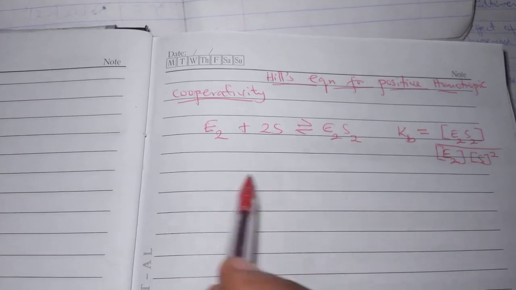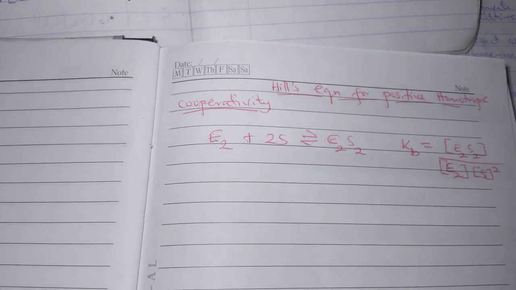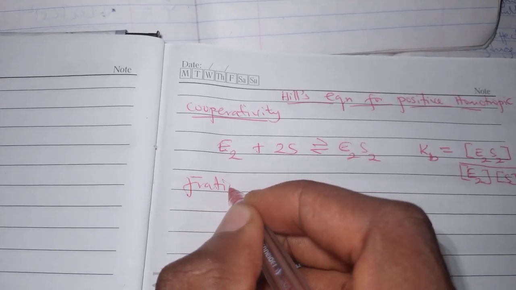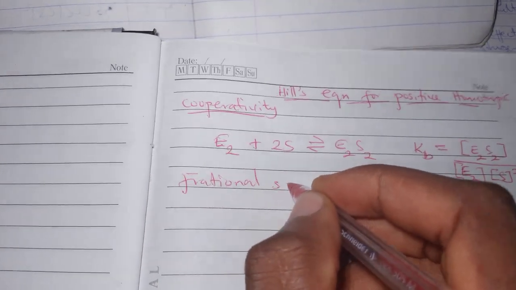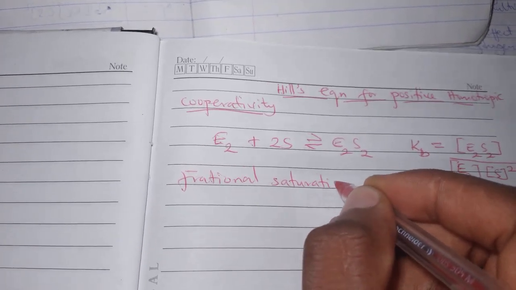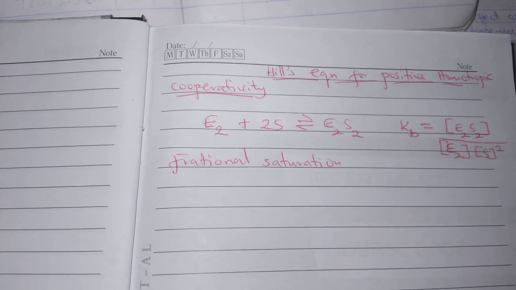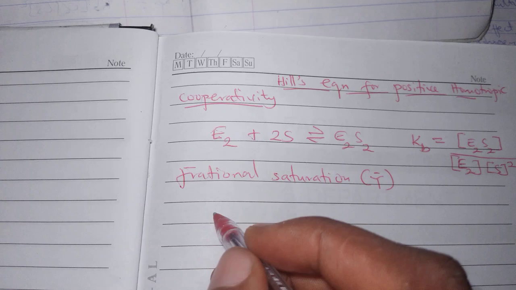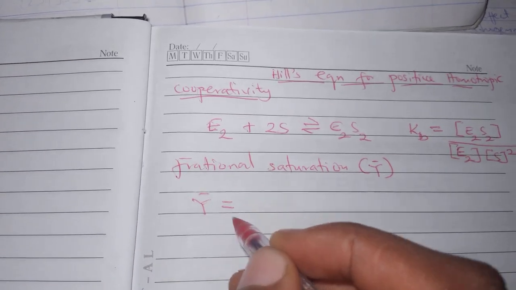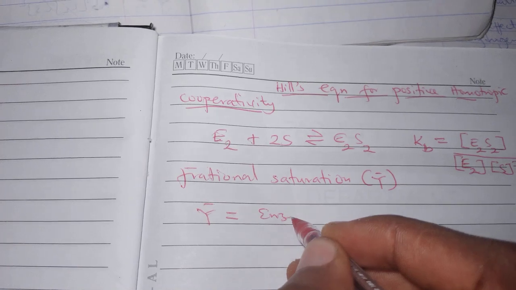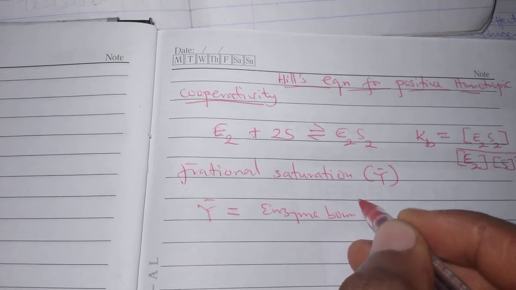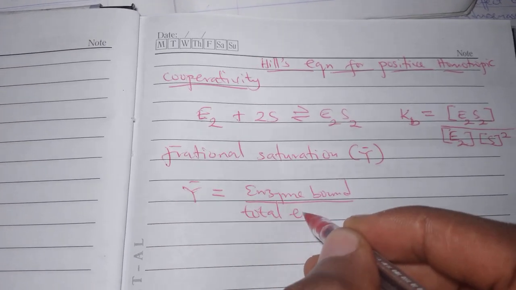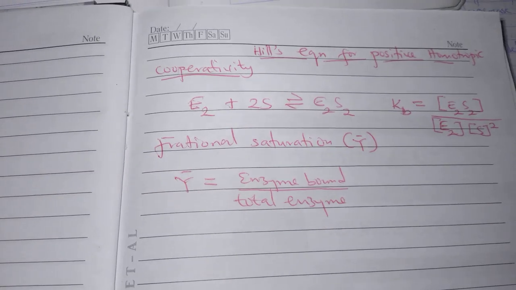The next thing, after that, you consider fractional saturation. Fractional saturation is given as Y bar, and fractional saturation Y bar is equal to enzyme bound all over total enzyme.